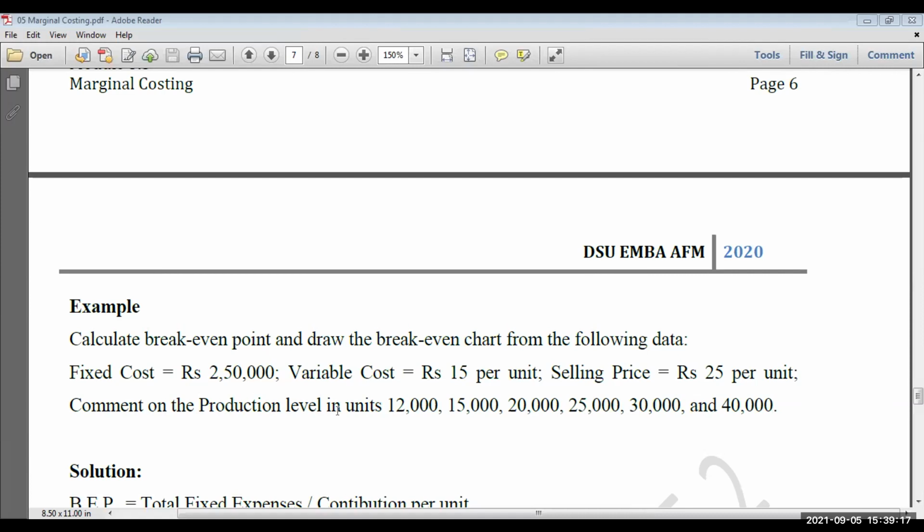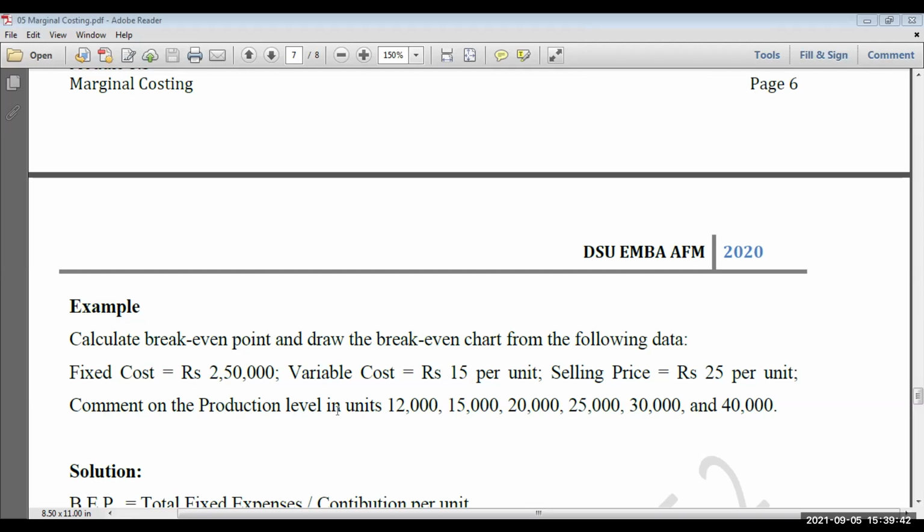The total revenue will be 3 lakhs. Variable cost will be 20 rupees into 10,000 units, so that will be 2 lakhs. 3 lakhs minus 2 lakhs, your contribution is 1 lakh. Fixed cost, how much I told you? 1 lakh. So there will be no loss and no profit. So the answer is 10,000 units.